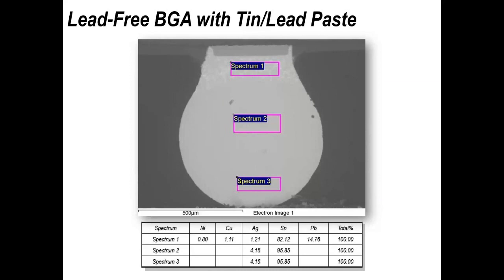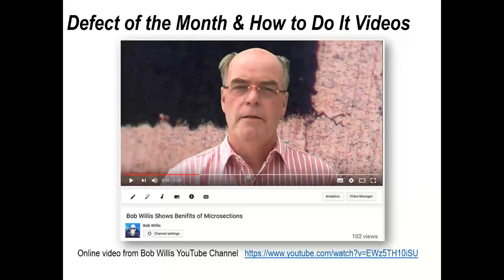So if I've got SEM with scanning capability, I can look at the difference in the distribution, in this particular case of lead, in the solder joints. You can see there's no lead in area 2 or 3, but there's still lead at the interface where we're taking the spectra 1 in this example. So, there's lots of other things you can do with your microsections after you've actually prepared them.